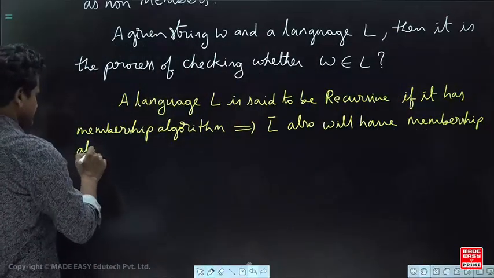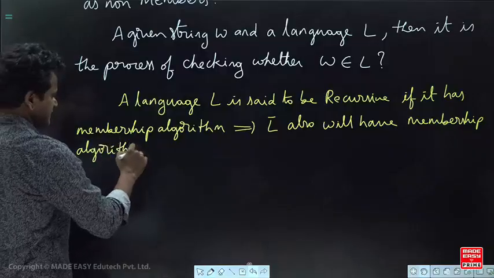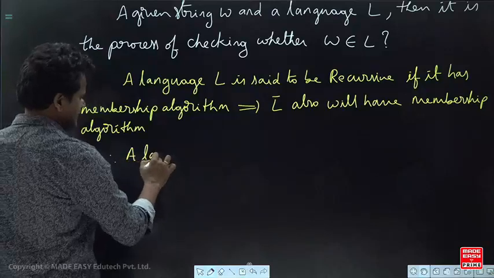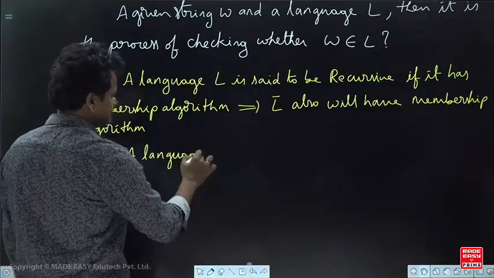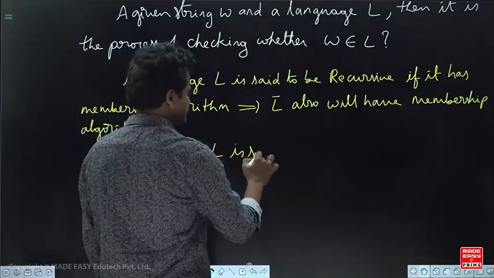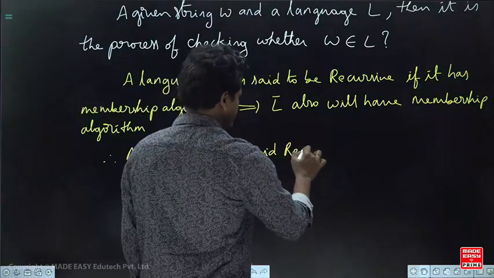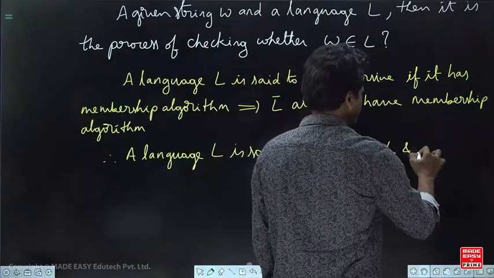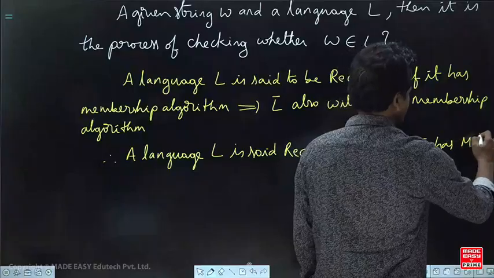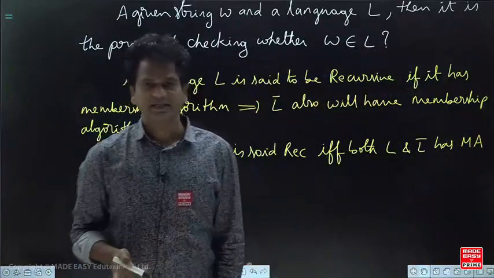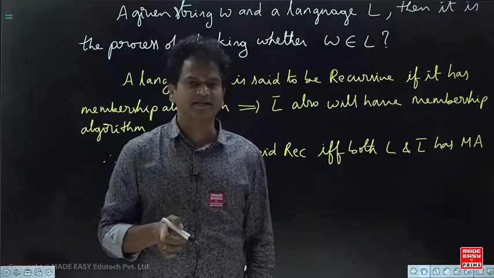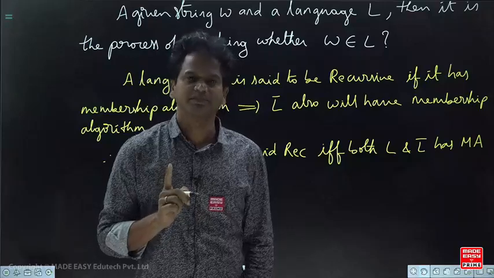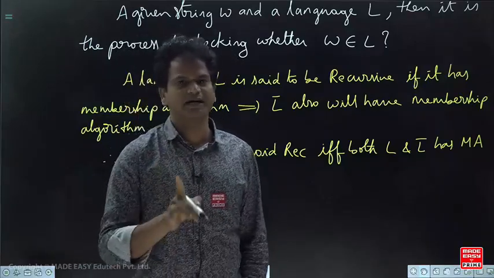So decidable languages only will have membership algorithm. Therefore, based on this, you can write like this also: a language L is said to be REC if and only if both L and L bar have membership algorithm. Any language, if it has membership algorithm, is said to be REC. If a language has membership algorithm, its complement also definitely will have membership algorithm.